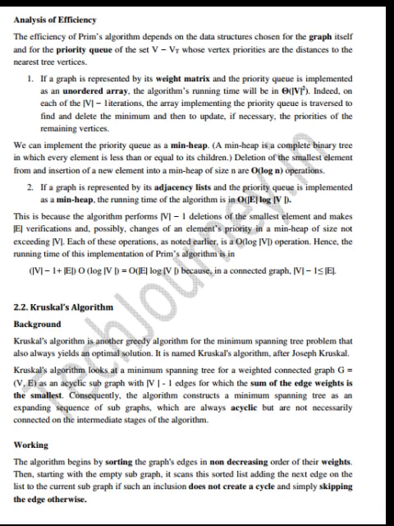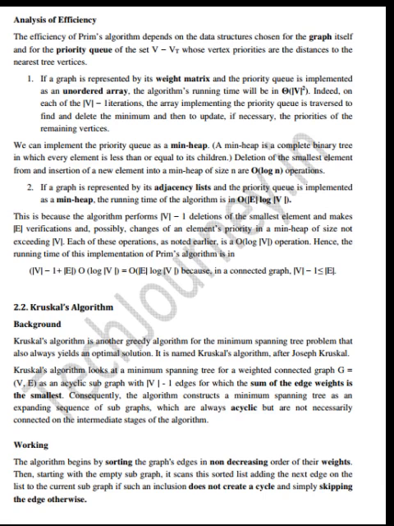Now let us see Kruskal's algorithm. Background: Kruskal's algorithm is another greedy algorithm for the minimum spanning tree problem that also always yields an optimal solution. It is named after Joseph Kruskal.